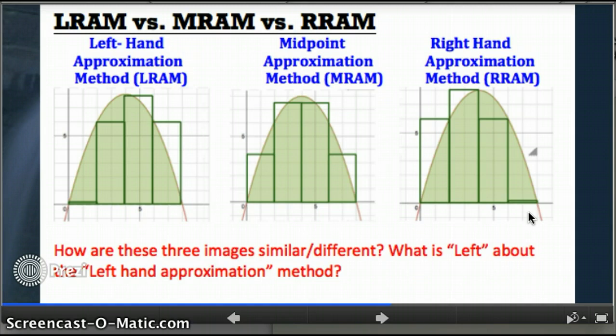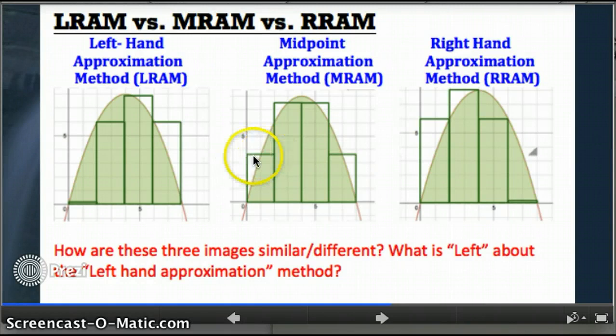Right, so hopefully what you noticed is that the rectangles all have the same width in all 3 graphs, but the difference is the height. In the left-hand approximation method, the height of each rectangle is the same as the left-hand edge where it hits the parabola. In the midpoint approximation method, the rectangle intersects the parabola at the midpoint of the top.